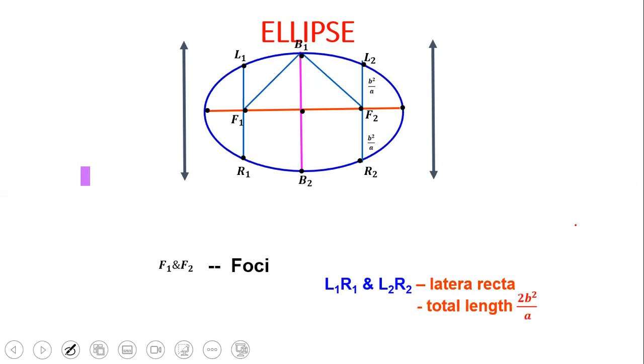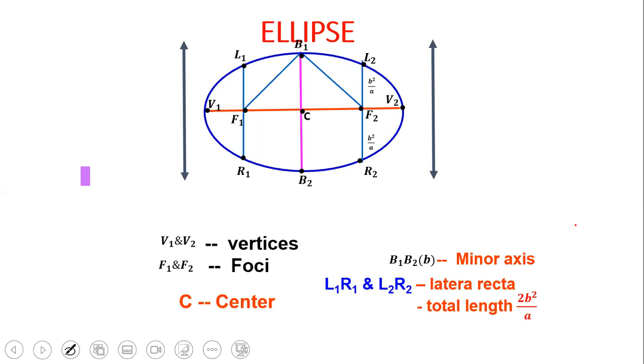You also have the covertex, the upper endpoints of your ellipse or the minor axis. You also have the center. And you also have the endpoints on the left and right side, which is the vertices.